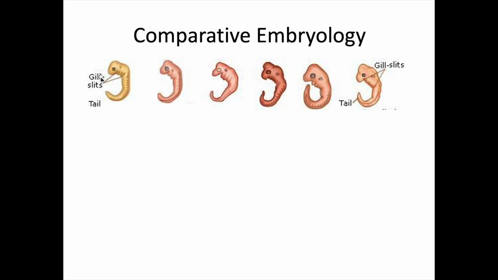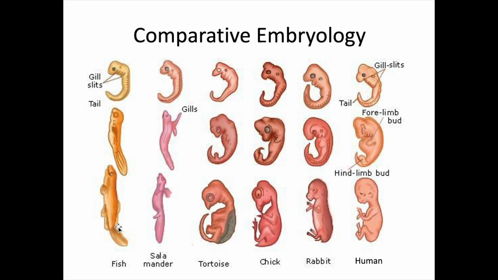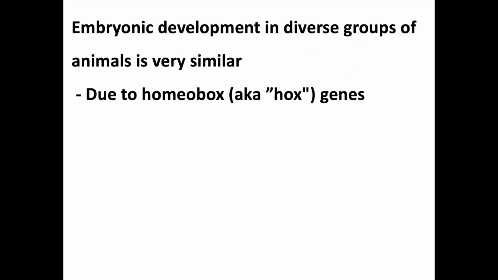But early on, they all looked the same. This is because even though we're very different, humans very distantly related from fish and birds and reptiles, we're all using a very similar program for development that starts off the same and then eventually starts to make some changes.